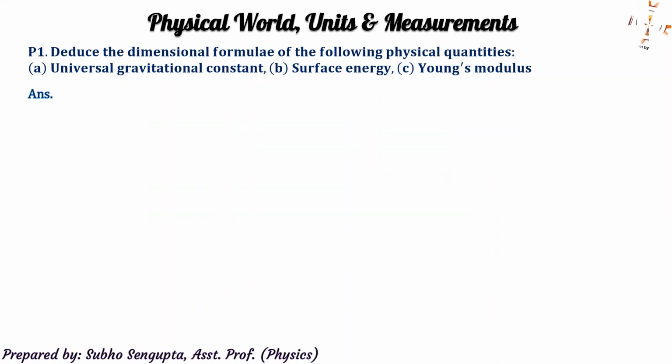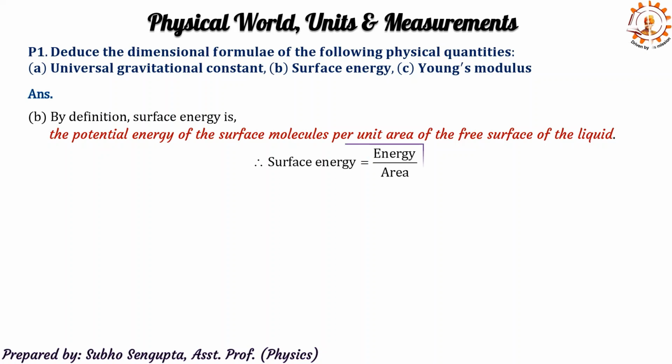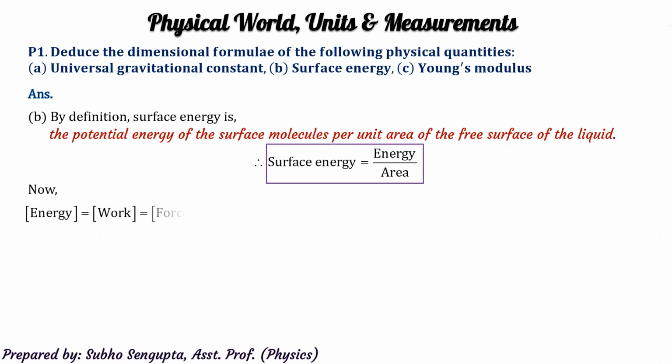In the second part of our first problem, we need to find the dimensional formula of surface energy. According to the definition, the surface energy is the potential energy of the surface molecules per unit area of the free surface of the liquid. So, surface energy is mathematically expressed as energy divided by area. We know that the dimensional formula of energy and work is the same. Work is force times displacement.